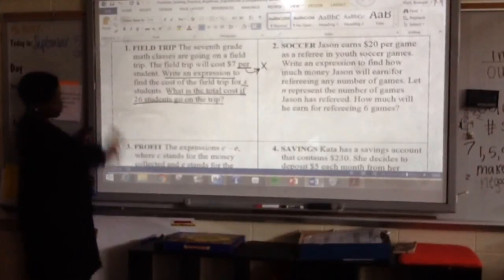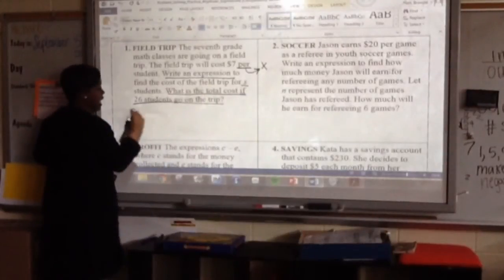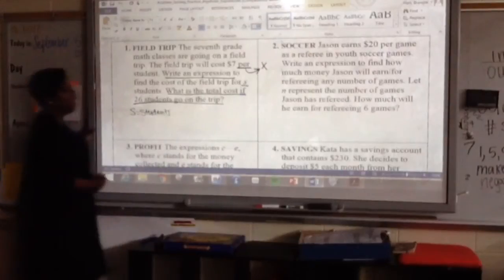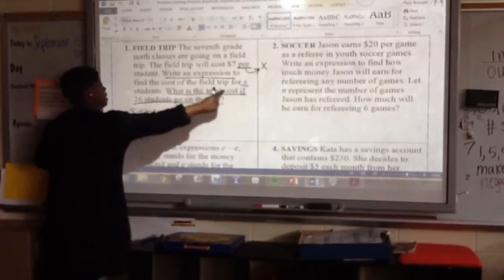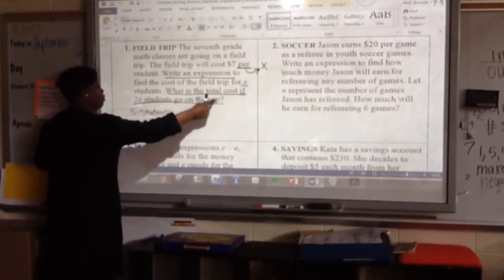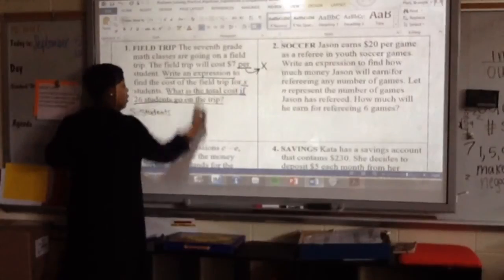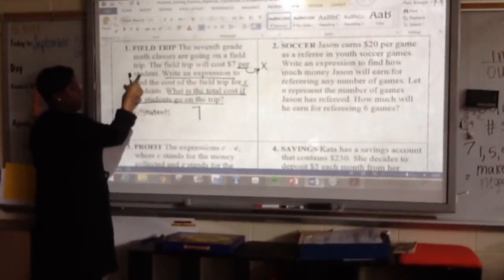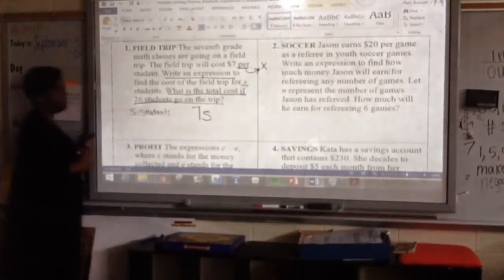All right, moving on. So they want us to write an expression. They also told us that S is the variable for students, right? They asked us to write an expression, but they also asked us to find the total cost of 26 students going on the trip. You told me per meant what? Multiply. So if it's $7 multiply students, what variable did they give us for students? 7S.